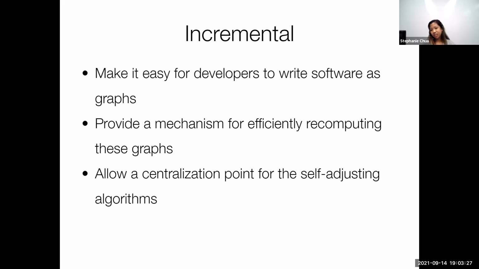If you self-adjust, then won't it require a lot of caching and storage of data? The answer is yes. Somewhere in my slides later, I will talk about the caveats of using Incremental, which is exactly this. Using Incremental does mean there is some overhead in caching, storing, and figuring out which nodes to recompute.